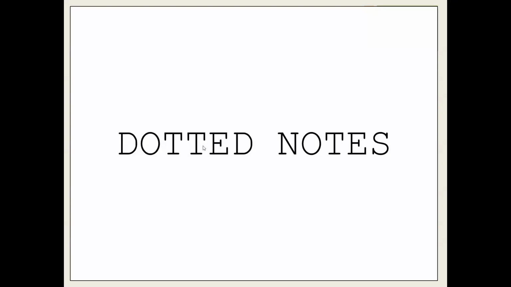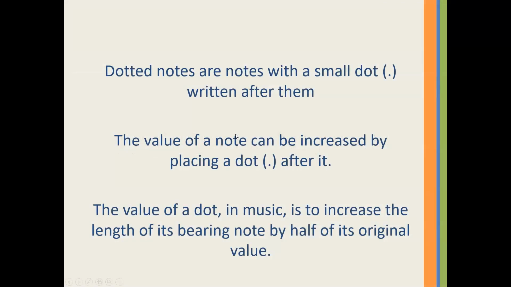Okay, so we're going to look at dotted notes. Just to recap, dotted notes are notes with a small dot written after them. The value of a note can be increased by placing a dot after it. And how much are we going to increase it by?